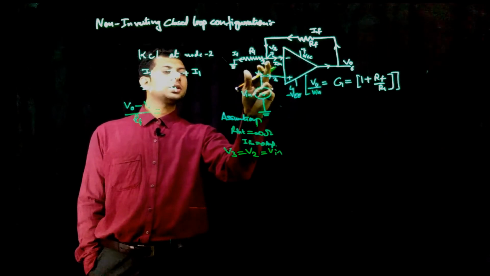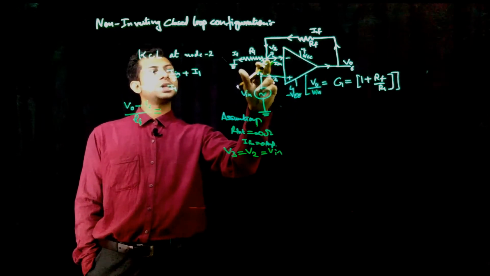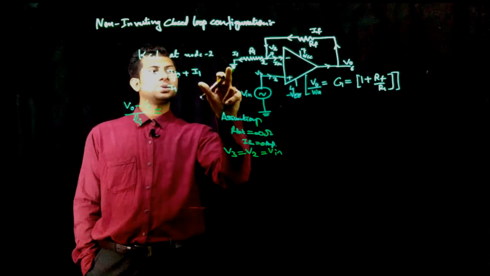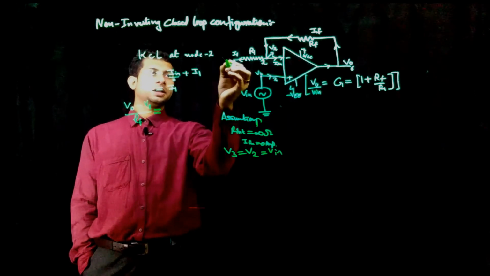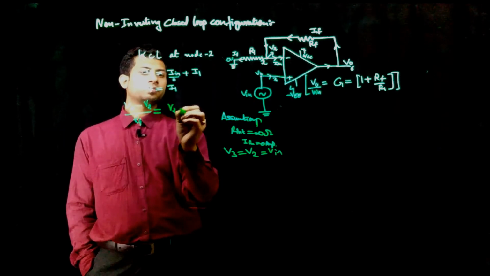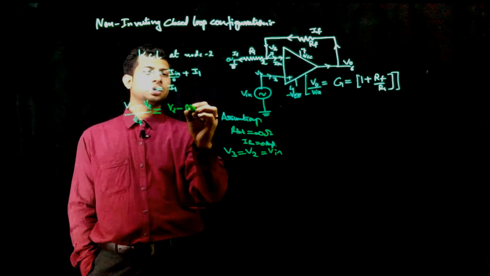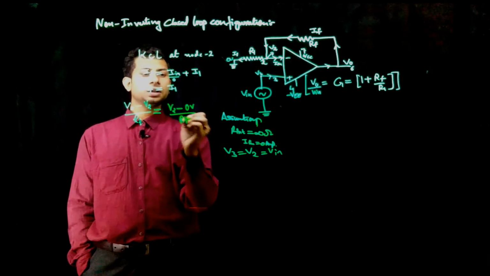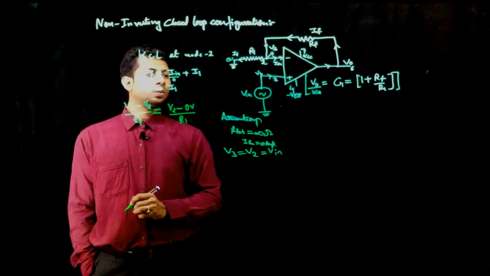And the node voltage, we assume this as higher potential, because the current flows from higher potential to lower potential, and here we have the node voltage 0 volt. This is V2 minus this 0 volt due to the ground connection divided by the resistance in this path, it will be R1.